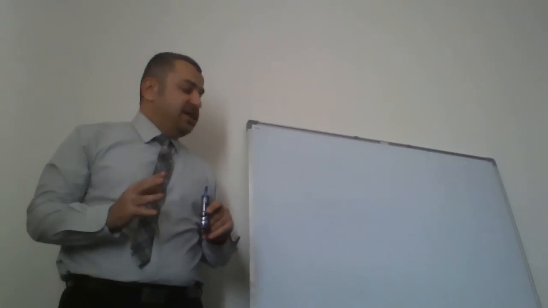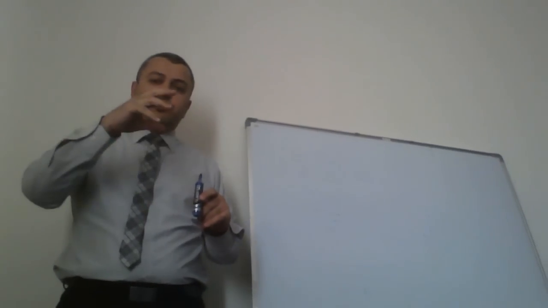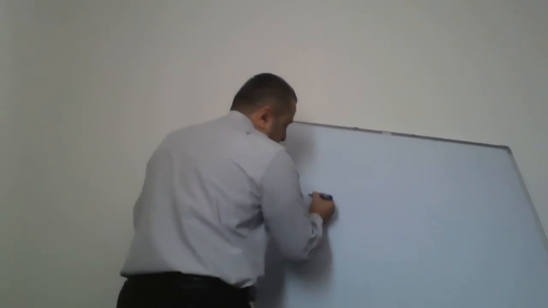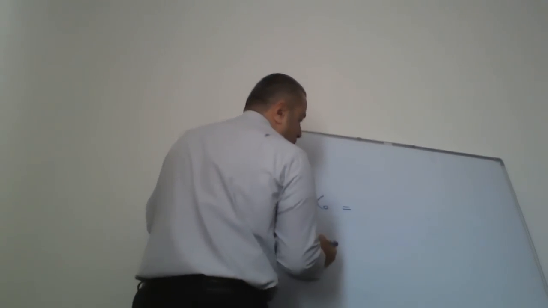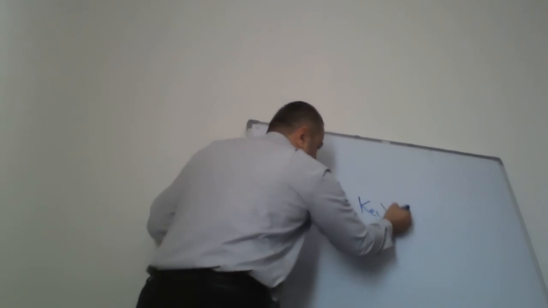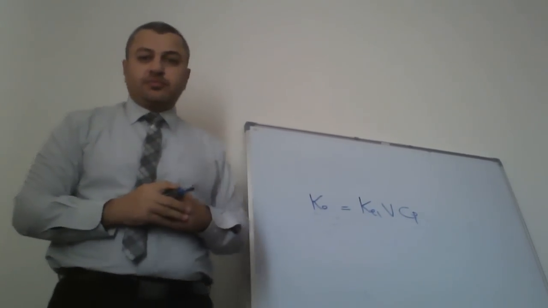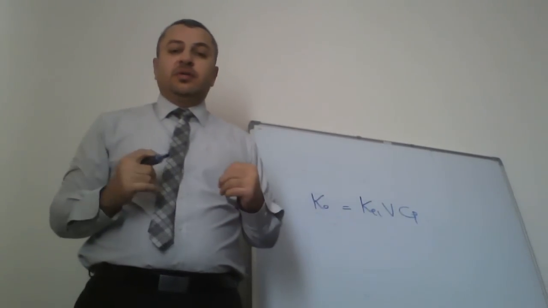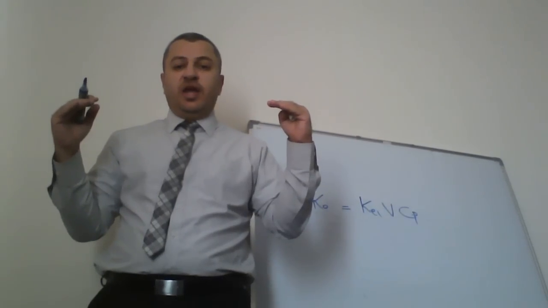So let us talk a little bit about the steady state concentration. We already said that at steady state, the input is equal to the output. The input is K0 and the output is KEL V Cp. They are equal. That's why you reach the steady state. Steady state means the concentration is not changing.